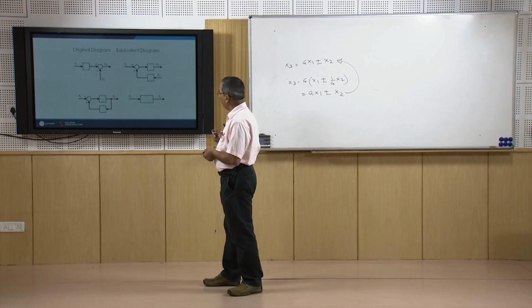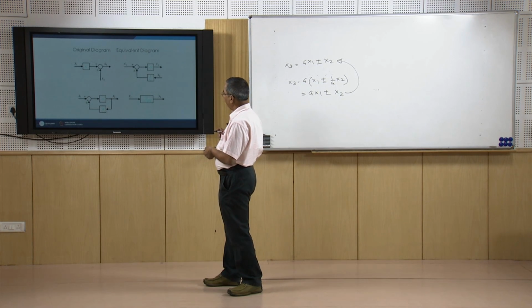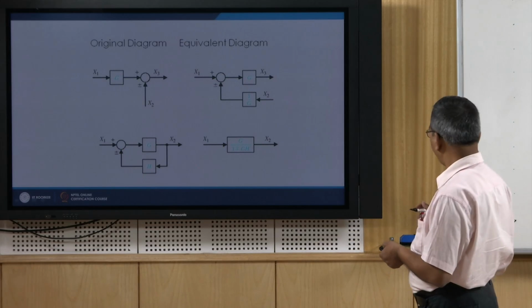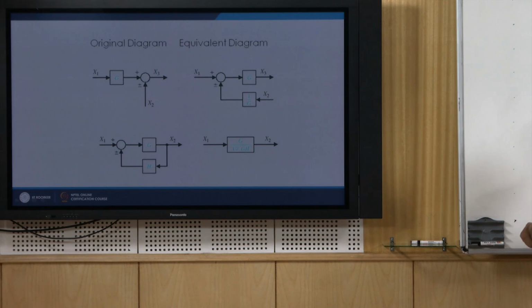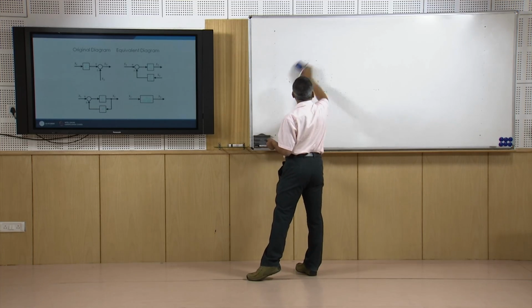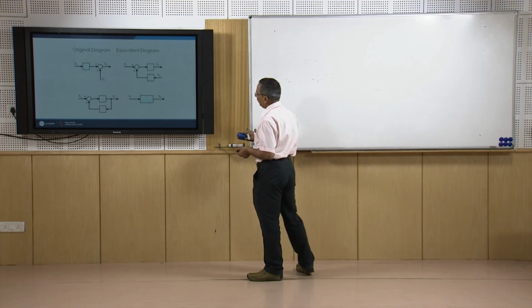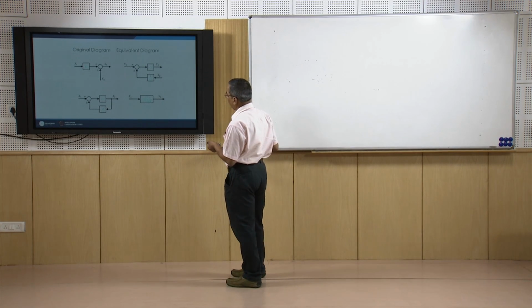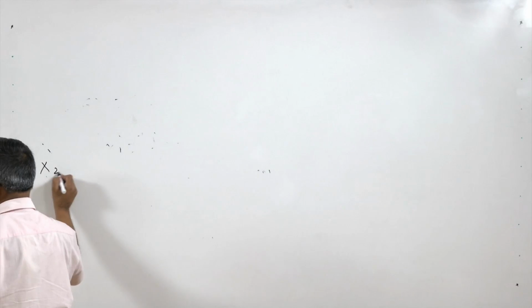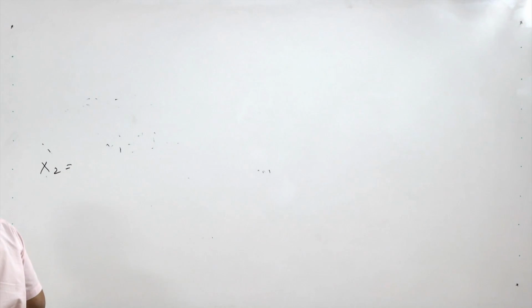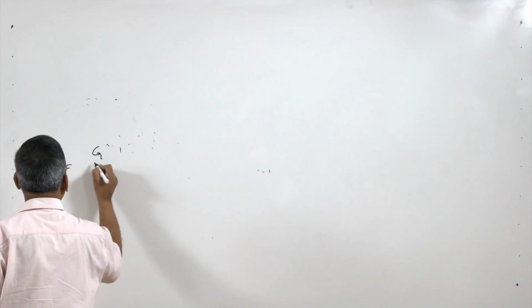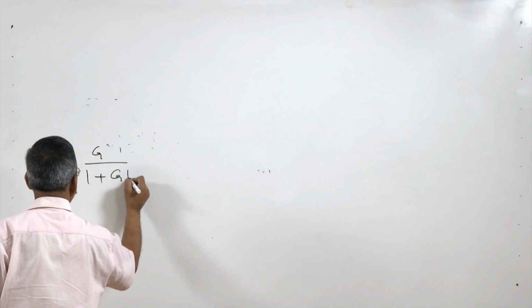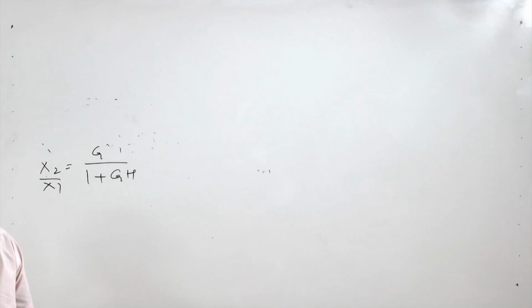And this one we have already seen in the case of a closed loop system. In a closed loop system, the overall transfer function between the output and input, x2 by x1, is basically g upon 1 plus g h.